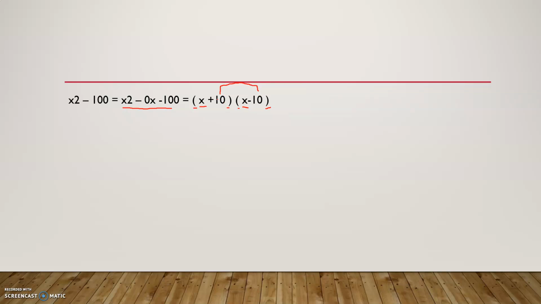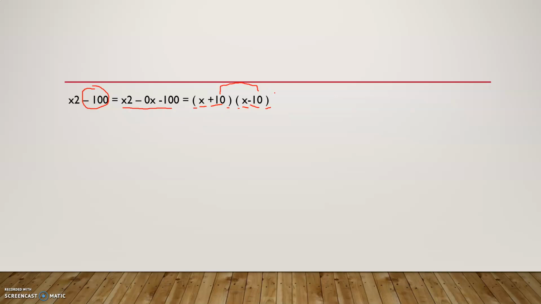We need negative 100, so if we put plus here and minus there, when you multiply plus with minus, that will be a negative number, which would be minus 100, which is this one. And then if we add plus 10 with minus 10, that will be 0, which means nothing. So that means our answer is correct.